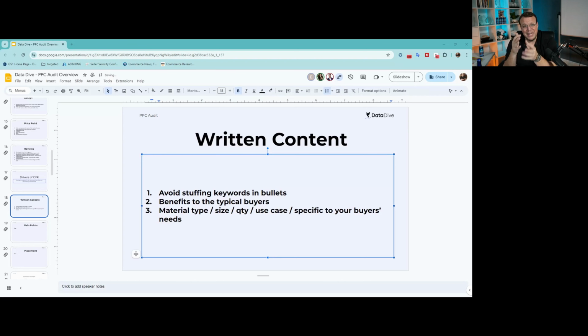So as mundane as you think it might be, or as obvious as you think it might be, if you don't write that feature, that benefit, that quantity, that size, the fit, the metrics, the thickness, whatever it is, the people looking for that specific thing are not going to buy your listing. They're going to move on to someone else.